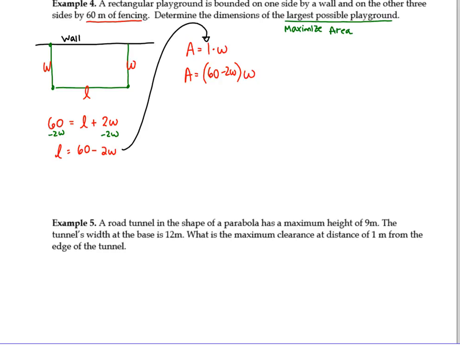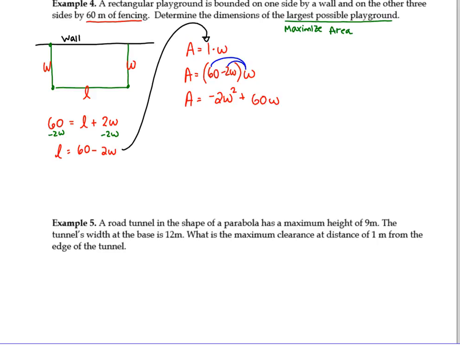All right. Good? Okay, let's expand. I'm going to rewrite this in a different order than what it naturally goes to because I want w squared first. So what would be first? Negative 2w squared plus 60w. Ooh, that was funny.